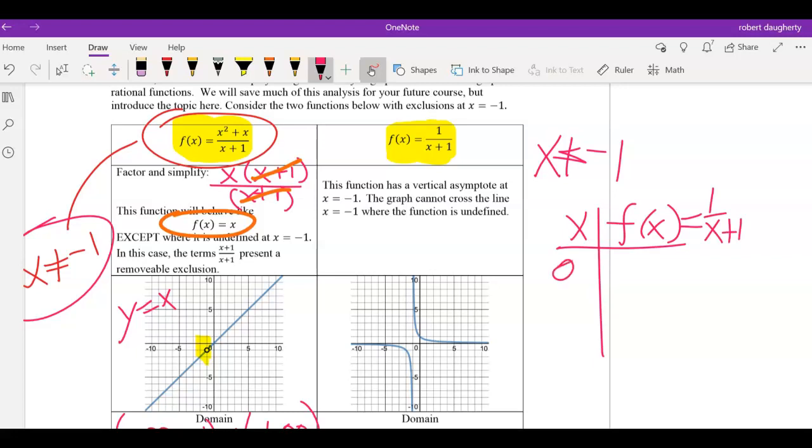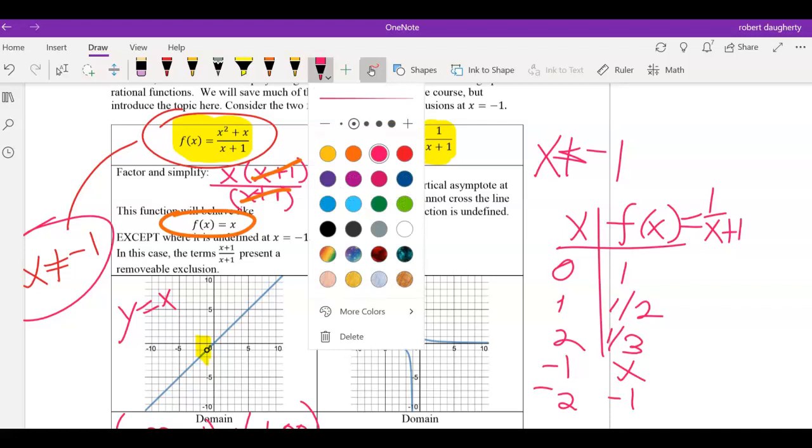So when x is 0, this becomes 1. When x is 1, this is 1/2. When x is 2, this is 1/3. When x is negative 1, this is undefined. Negative 2, negative 1.